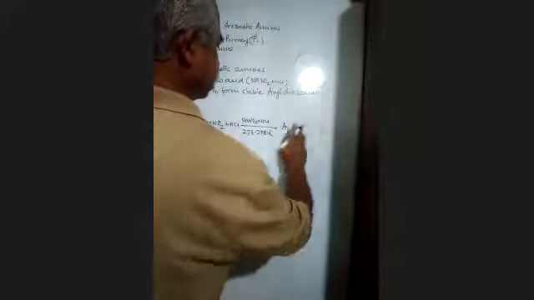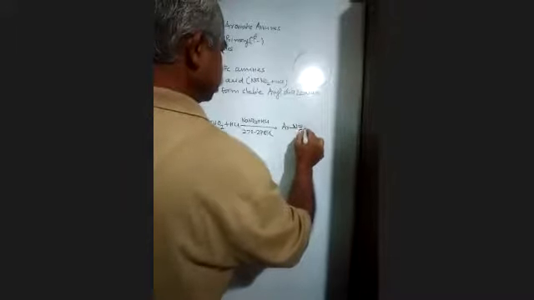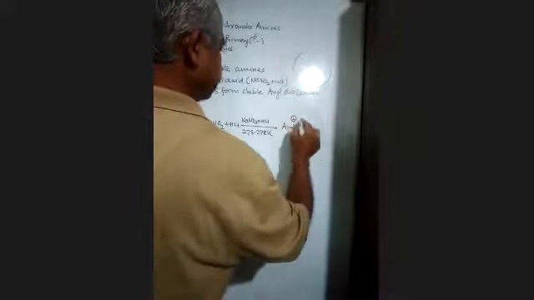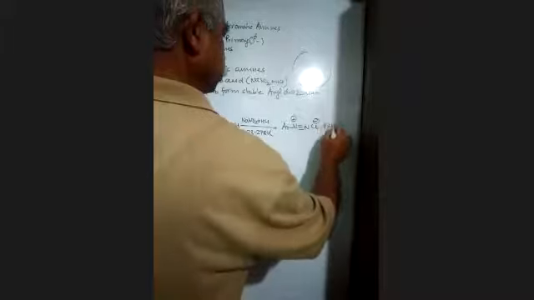Okay, I'll write it. I never feel happy if I write shortcut. It's my bad habit. So earlier we have written alkyl diazonium salt or chloride.